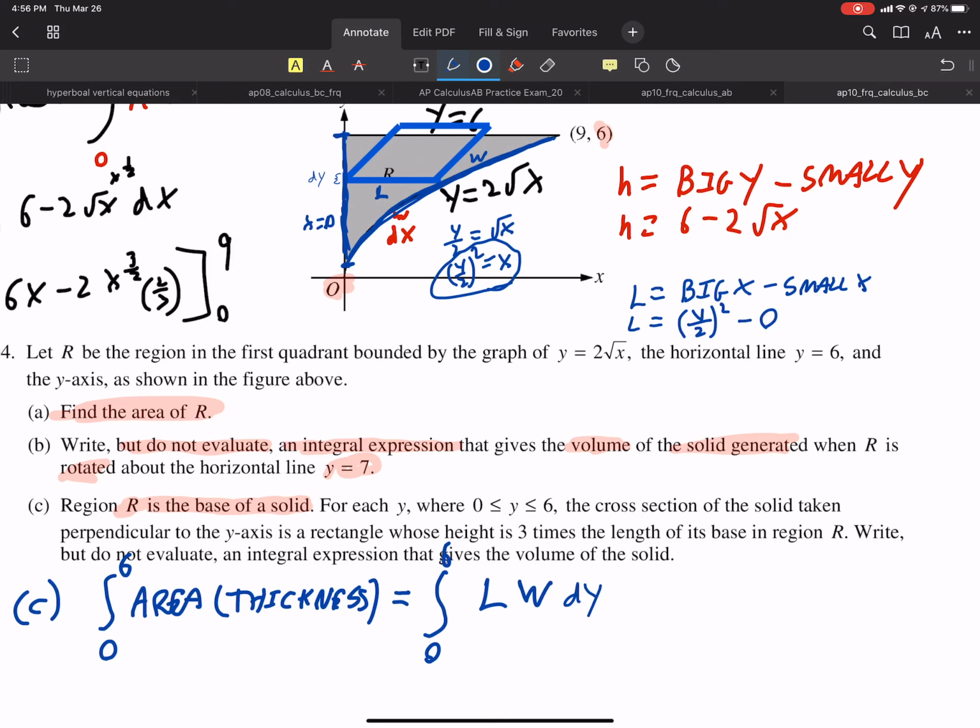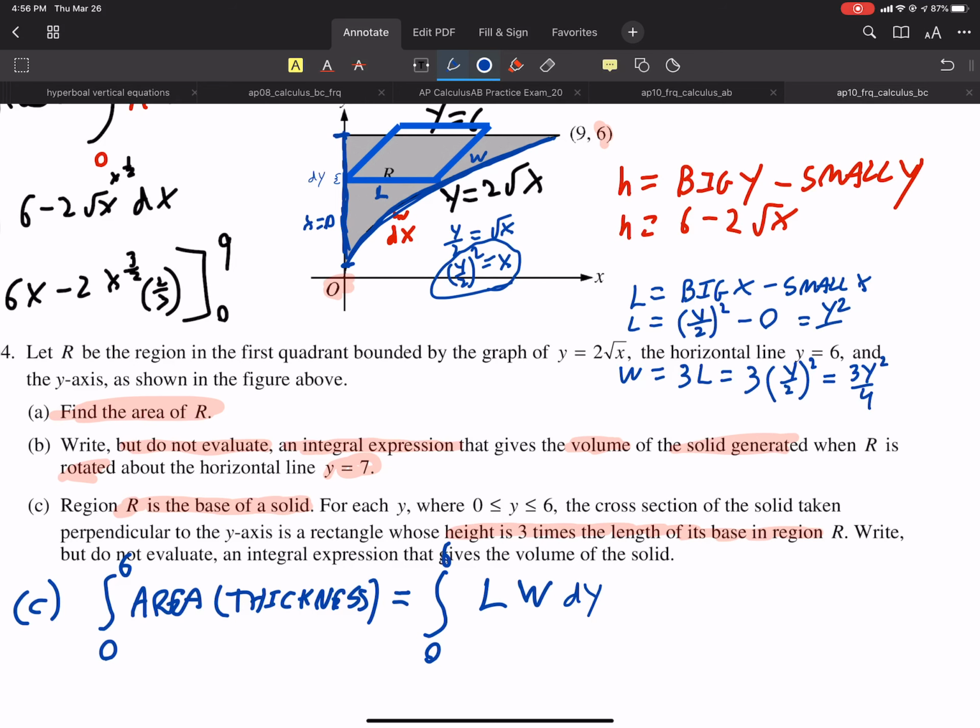That's the length. Now, how tall is our building? Let's see. I think we have it here. The height is 3 times the length of the base. So the height, which we call W, is 3 times the length of the base, which is 3 times y over 2 squared, which is 3y squared over 4.